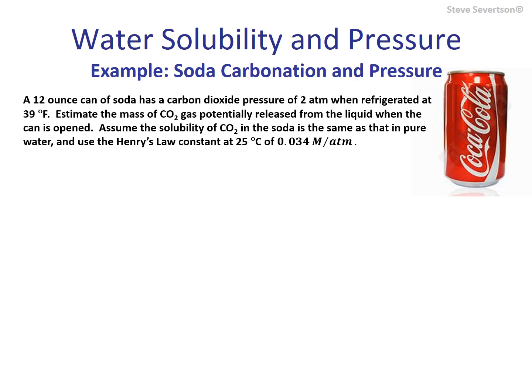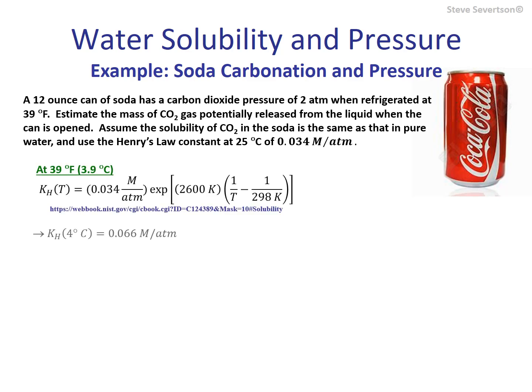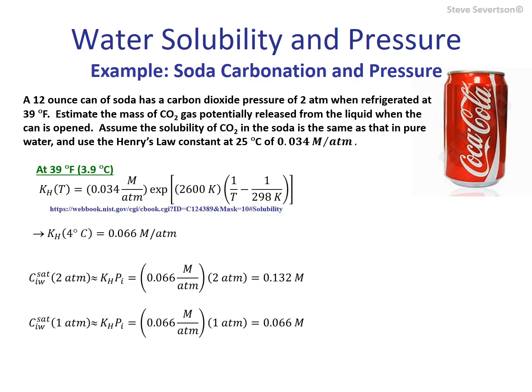A quick search provides an equation for estimating the Henry's law constant for CO2 and water at other temperatures using the provided value. With this value, we can calculate the solubility of CO2 in soda at both 2 atmospheres and 1 atmosphere. The difference between the calculated solubilities multiplied by the volume of the can provides an estimate of the released carbon dioxide.